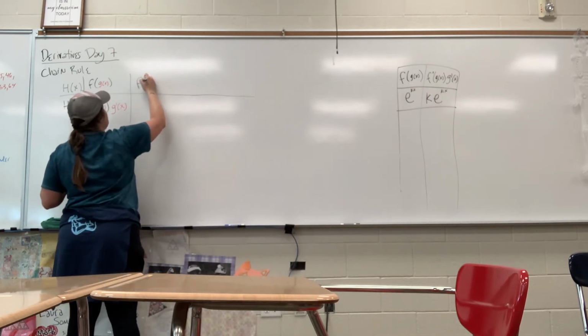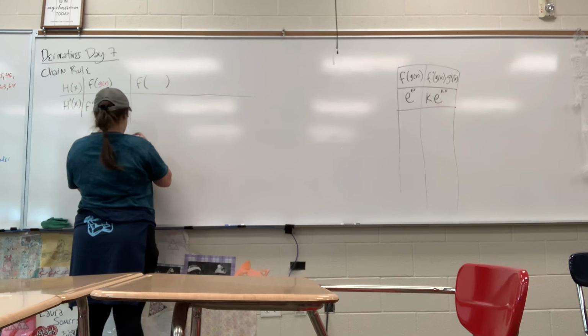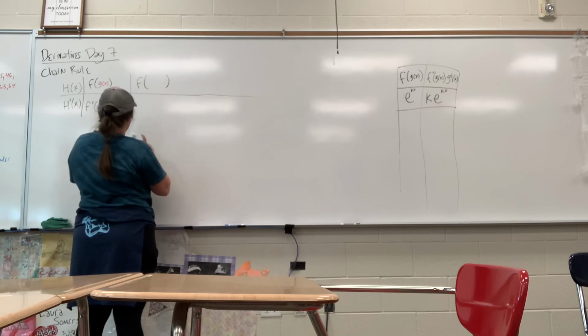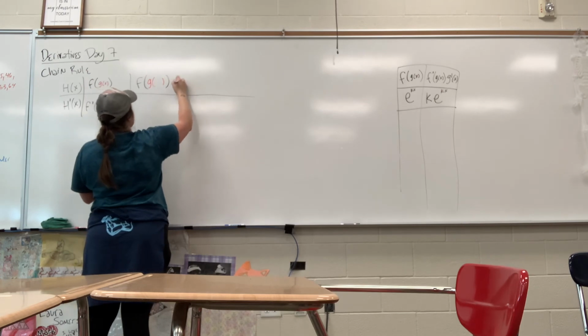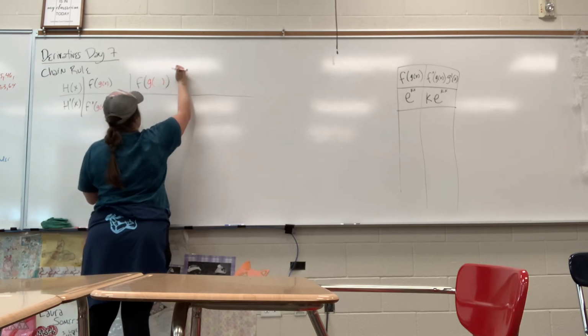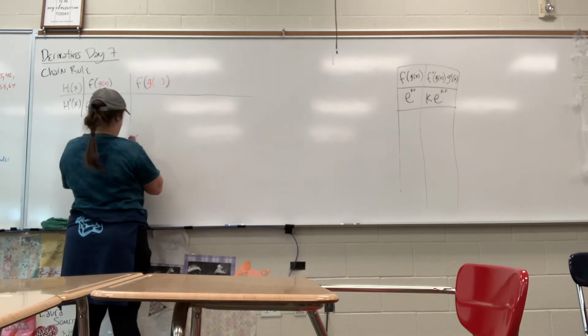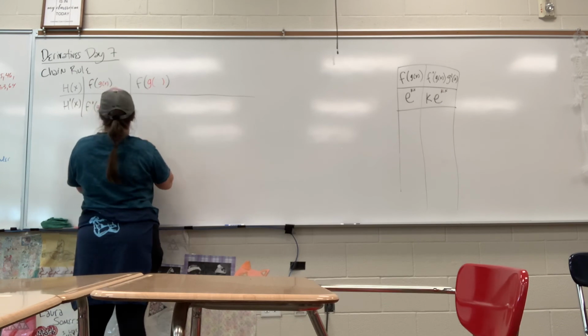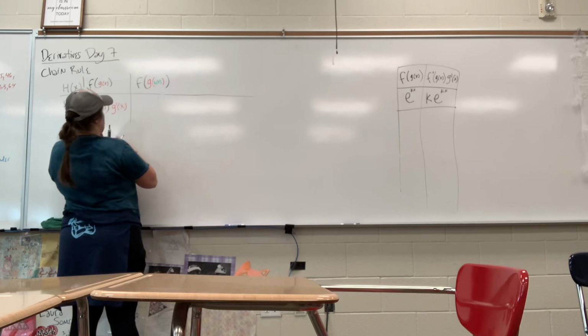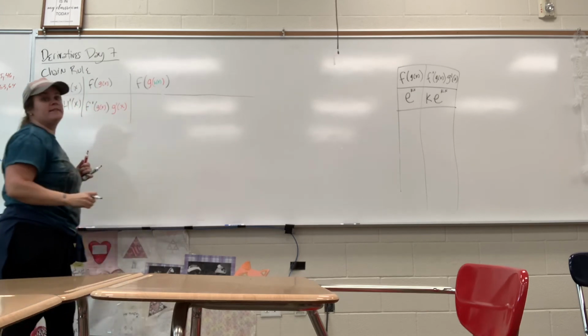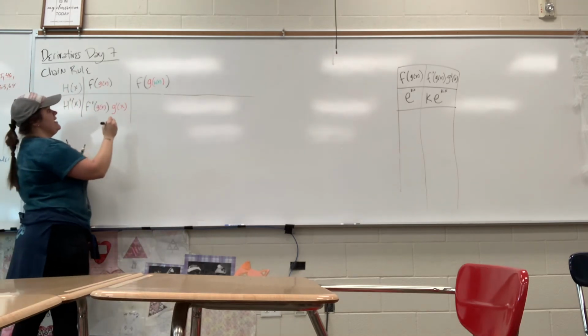When I have more than one function, so when I have a 3 function chain rule, oh, wait a minute, that's not what I wanted. Hold on, stay with me, you'll see it.